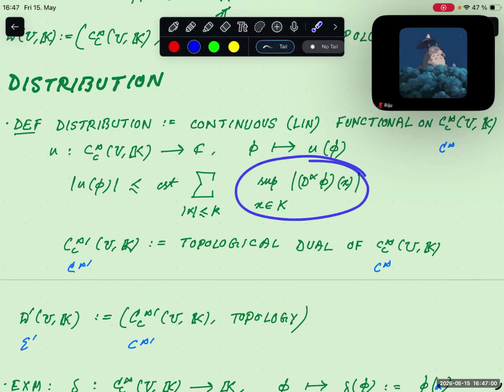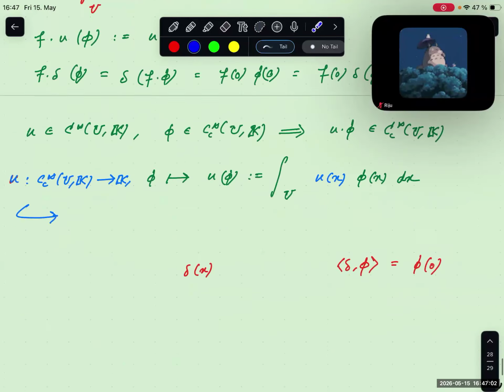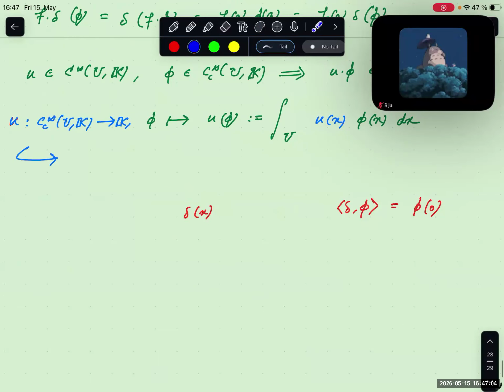One property is already done. So that means U is a distribution.